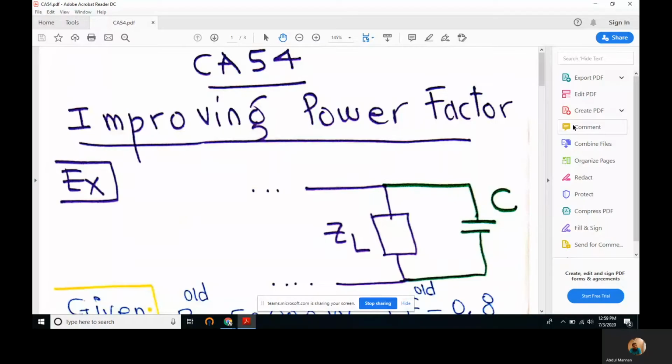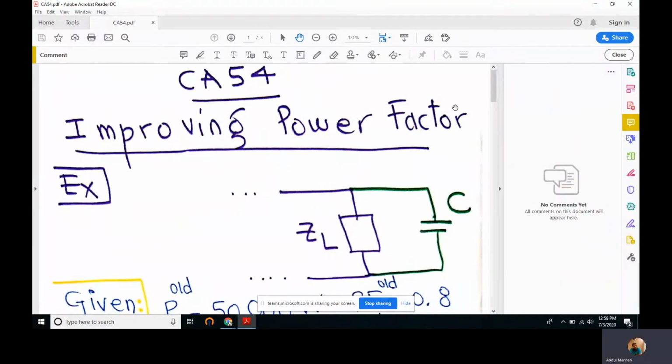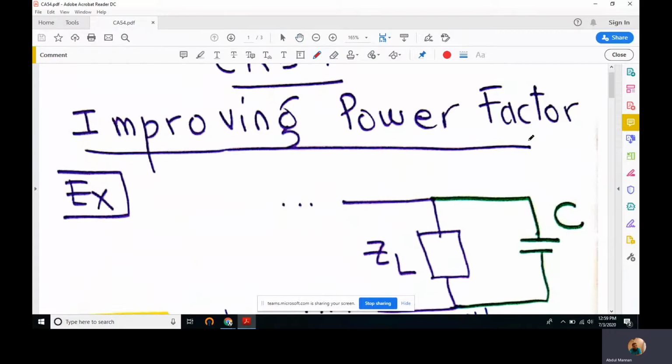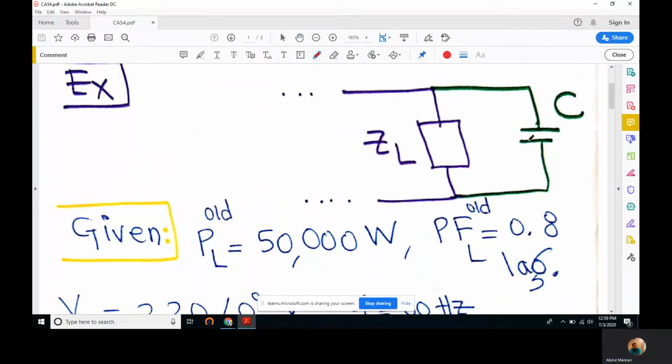In this lecture, we will study the topic power factor correction, or improving power factor. We already know that most loads are inductive.